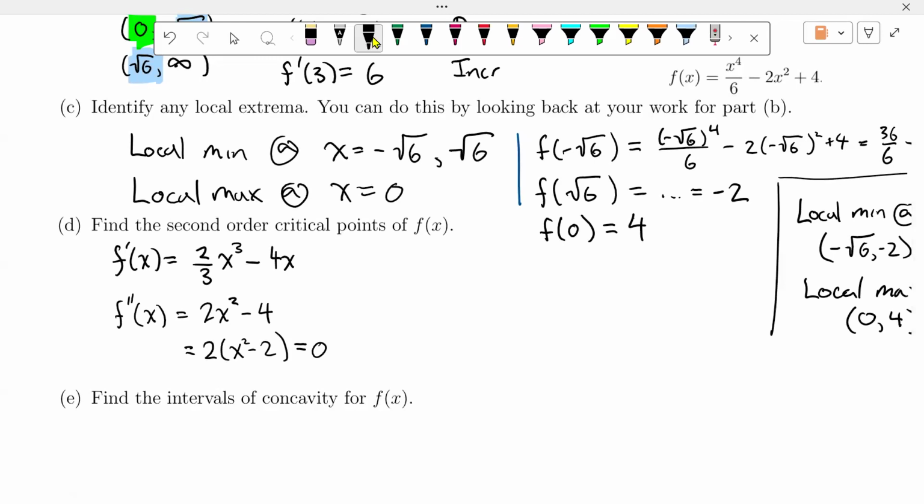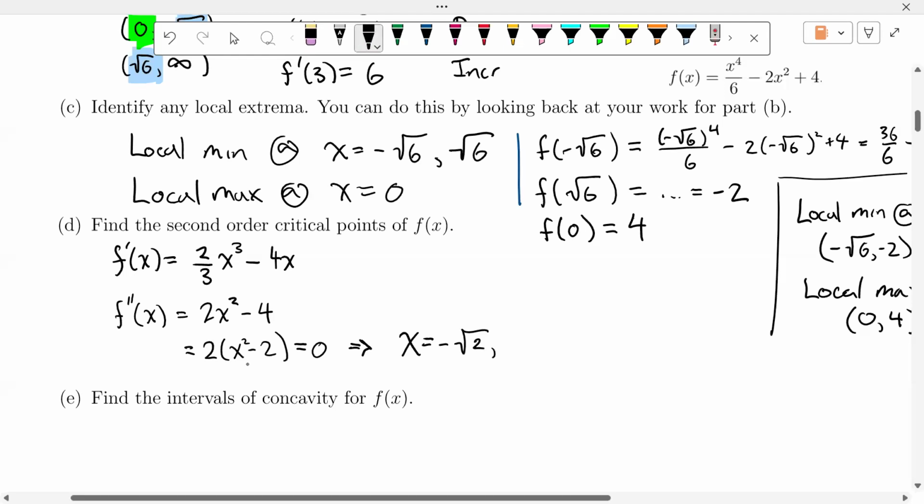So I've taken the second derivative here and I've gotten it down to 2x squared minus 4. And I factored a 2 out of everything so that I just get x squared minus 2. Now, does anyone know at what values does x squared minus 2 equal 0? Yeah, that's plus or minus square root of 2. So negative square root of 2 and a positive square root of 2.